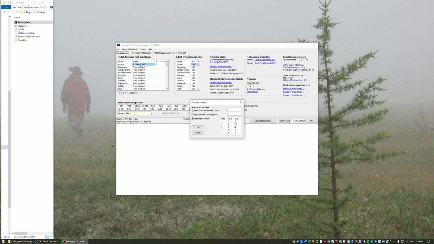So these are the options which are available for controlling pressure during crystallization.